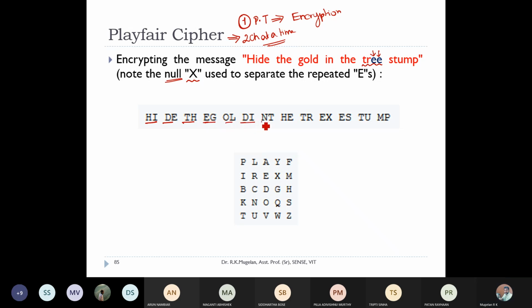Then in tree you can see TR, and here you can see they introduced an X between these two E's, so EX, E, S, TU, MP. This is the first rule people have to remember in the Playfair cipher. First you have to analyze the given plain text and see if any characters are repeated twice. I hope you are clear with this rule.